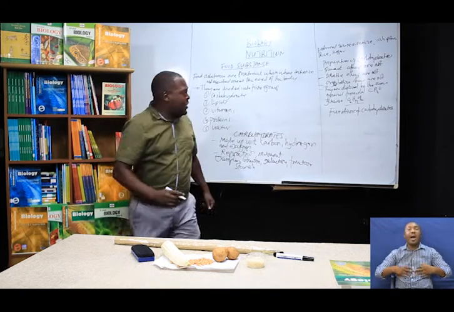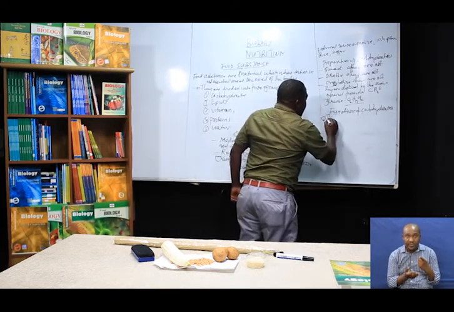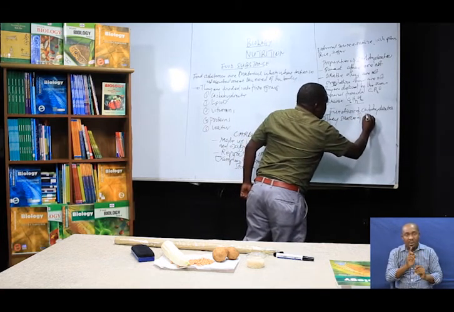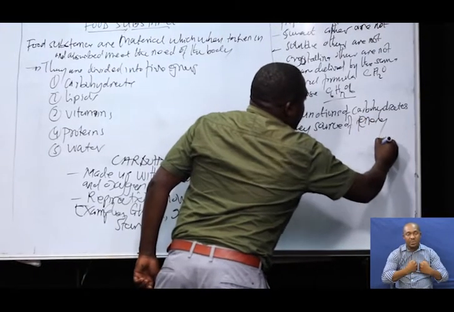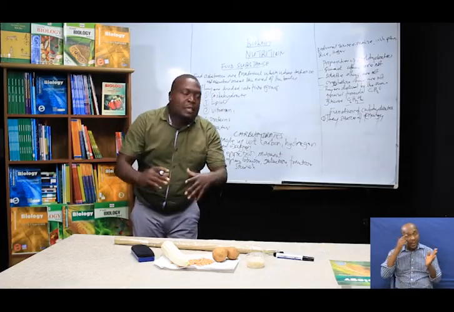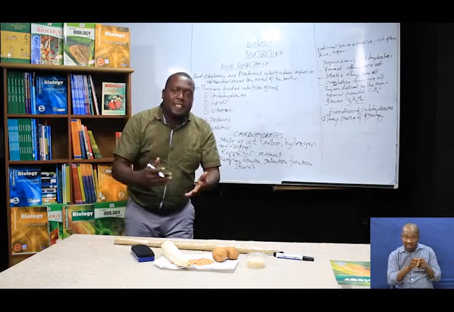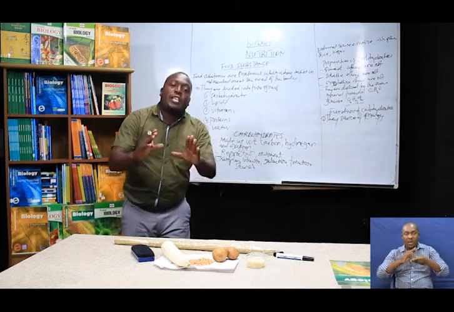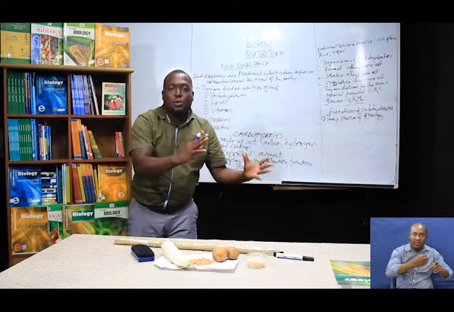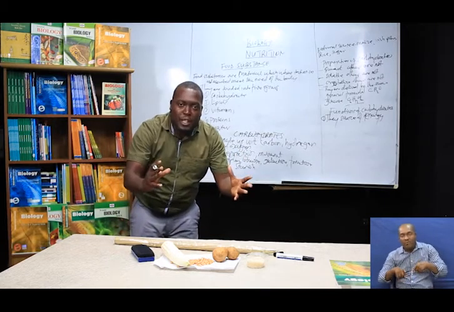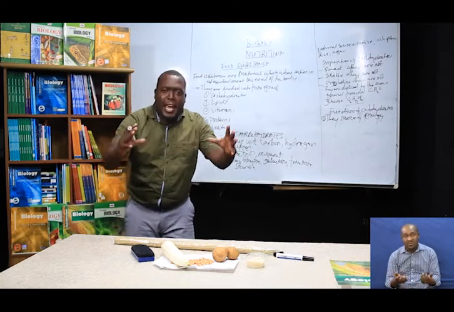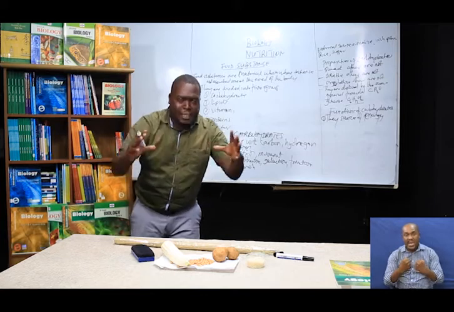The first function is that they are a source of energy. They are a source of what? Of energy. It means that carbohydrates provide the living organism with energy, which is used to perform different activities. As I said, some of the energy will be used in movement, some in reproduction, some in excretion, and so forth. So it provides energy that is used in different activities.